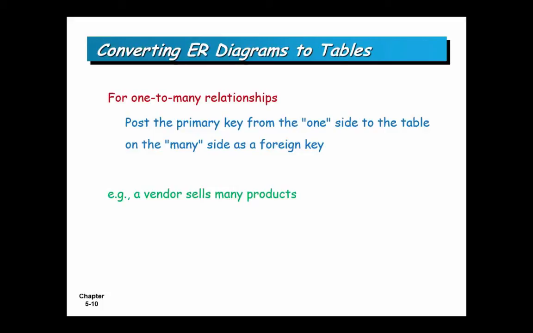Okay, so a vendor sells many products. A product would be an item number, a vendor would be a vendor number. Which one of those is posted on the other record? Is a vendor number posted on the product record, or is the item number posted on the vendor record to create a one-to-many relationship?